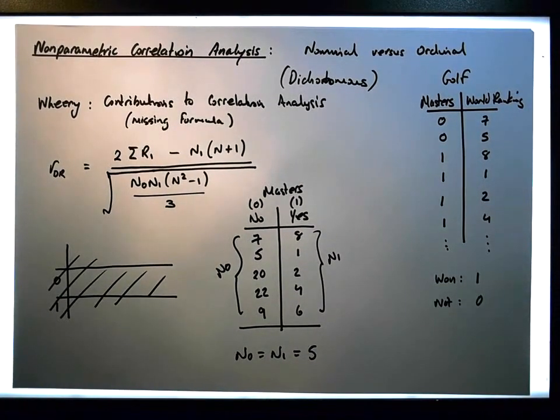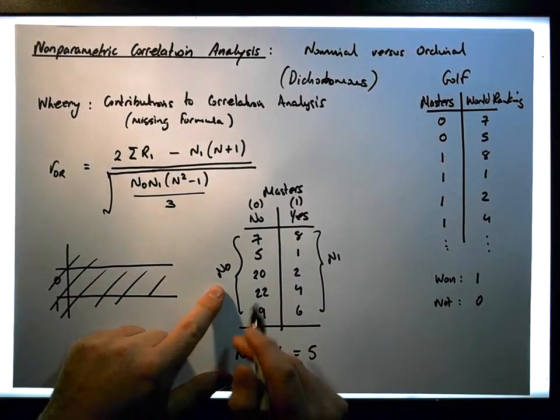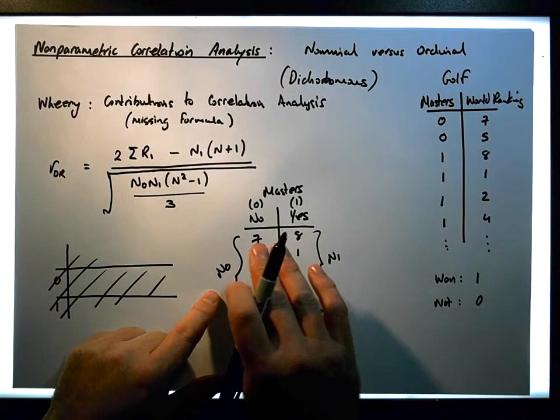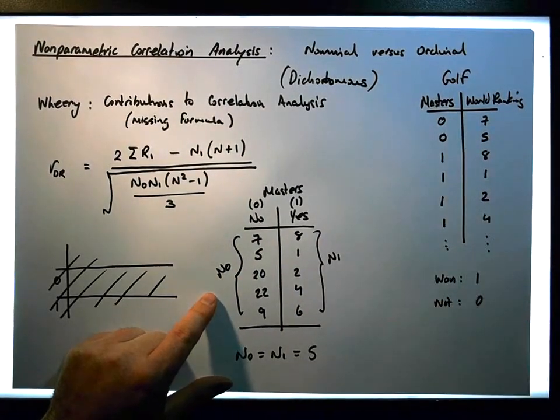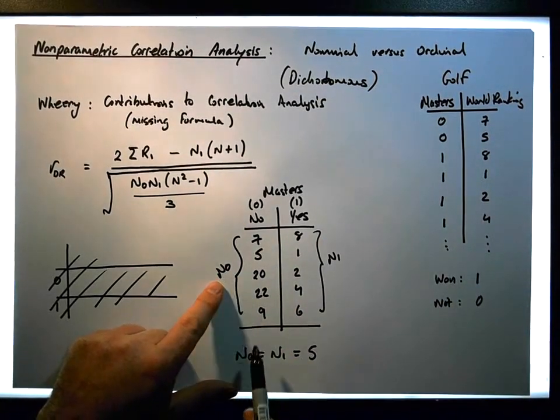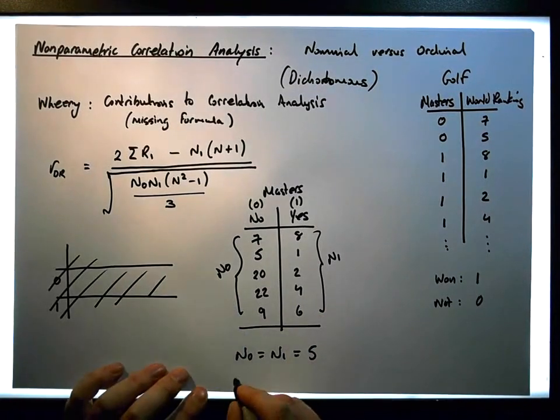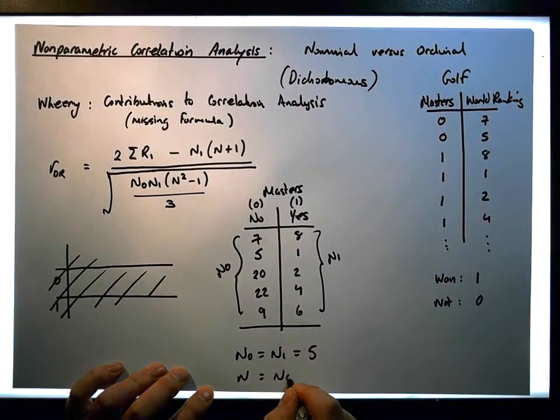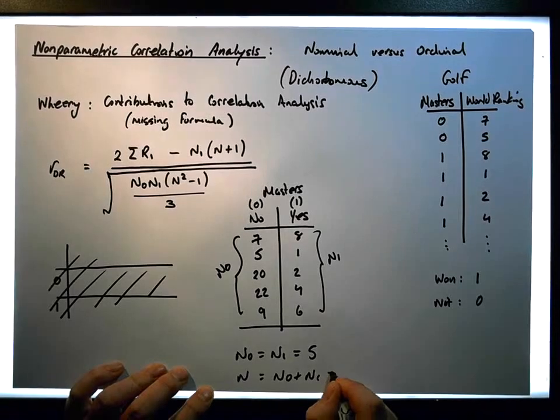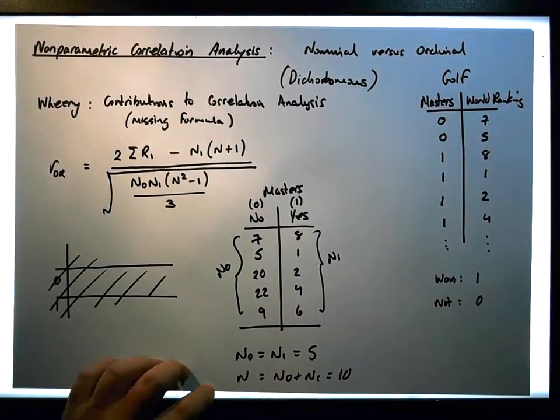5. And in total, we have the total number of these paired values. It's how many values are over here: 5 plus 5, so it's equal to 10. Don't forget that n is equal to n0 plus n1. In this case, 5 plus 5 gives us 10.